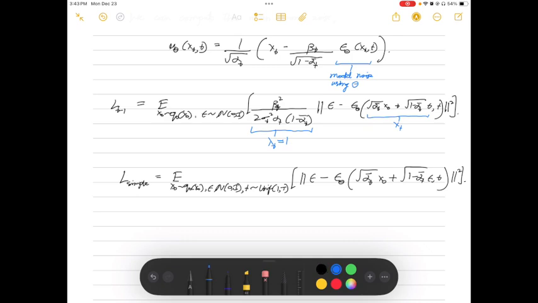So this is the final objective for training DDPM diffusion models that is used in practice.